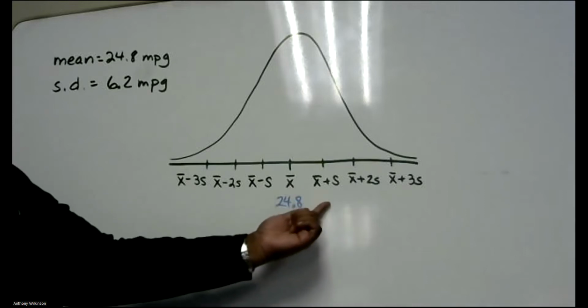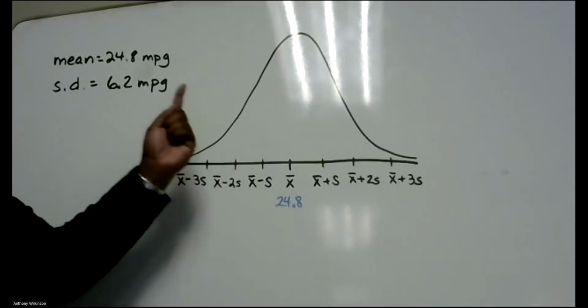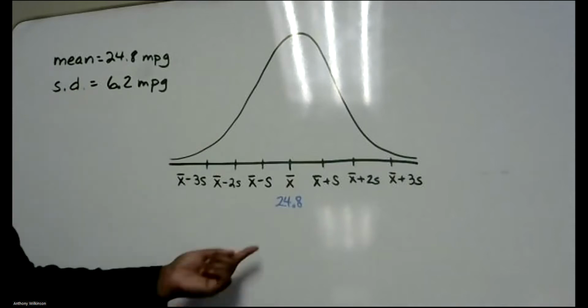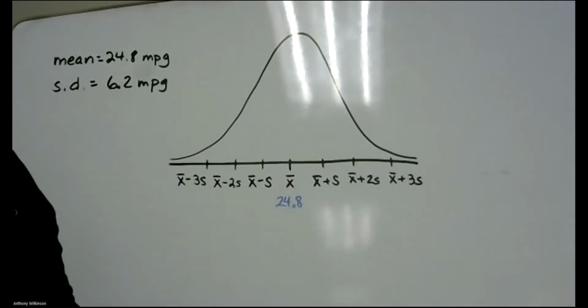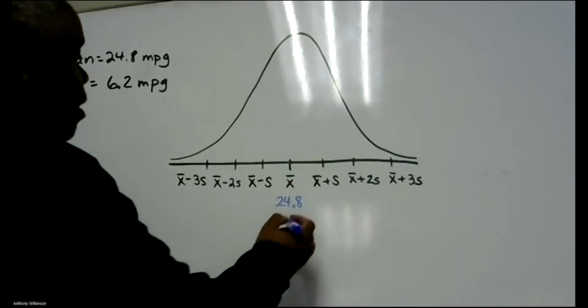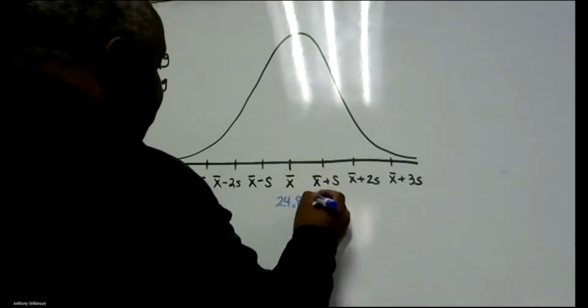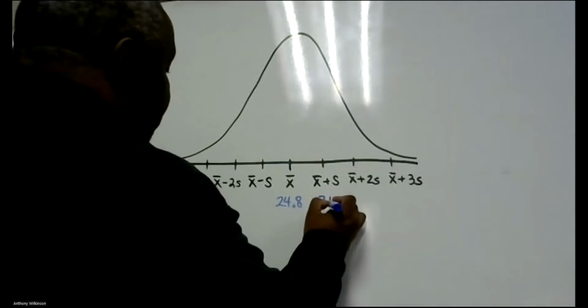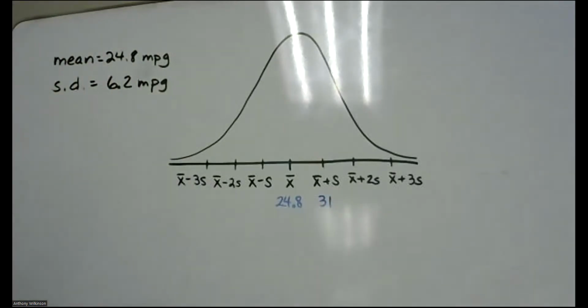Now to come up with a standard deviation above that, the standard deviation is 6.2, so I'm going to add 6.2 to the 24.8. So 1 standard deviation above 24.8 would be 31.